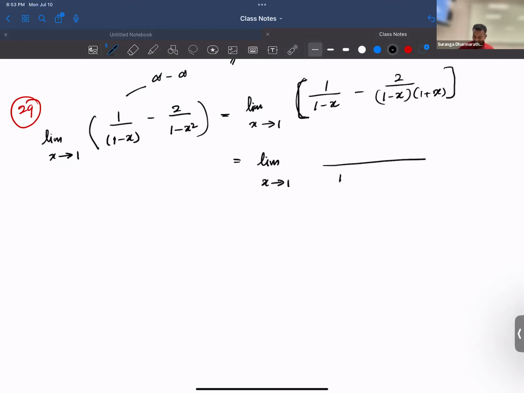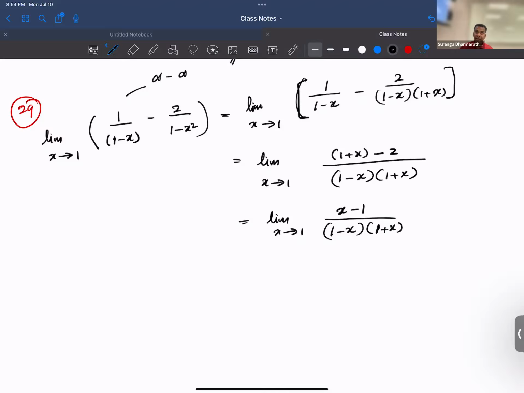My common denominator would be 1 minus x times 1 plus x, right? And for this one, it's 1 plus x minus 2, right? On the numerator. And I can simplify the numerator. What is the numerator if I simplify it? x minus 1 divided by 1 minus x times 1 plus x.